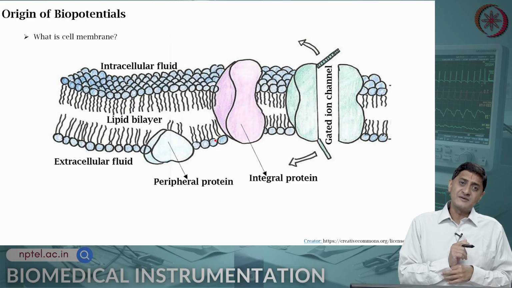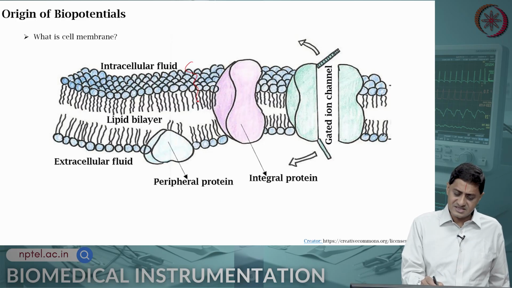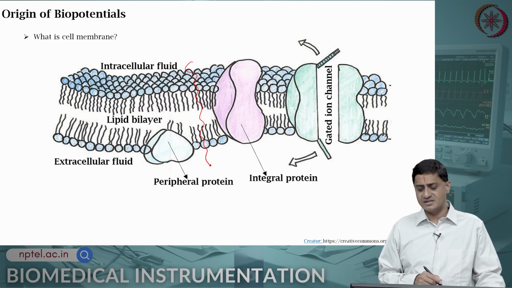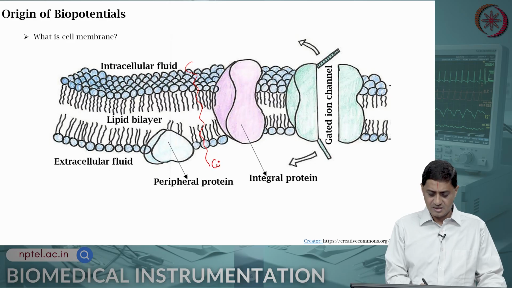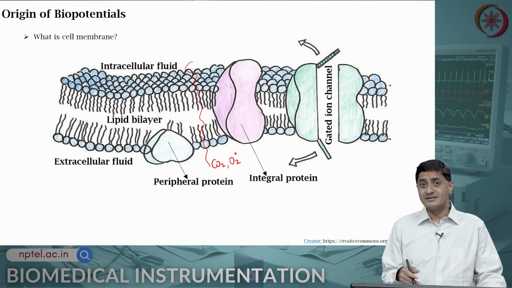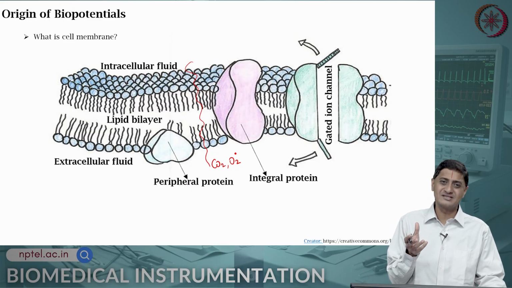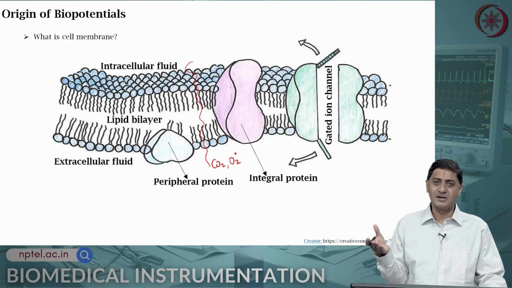Note, some substances can diffuse through the lipid bilayer. What are these substances? These are substances like carbon dioxide, oxygen, they can diffuse through the membrane. And some substances cannot diffuse through the membrane. So, it is selectively permeable. It permits some substances through its membrane and some it does not permit.